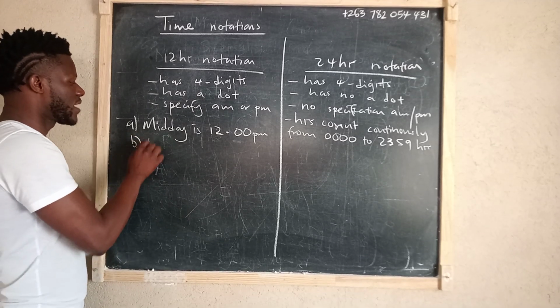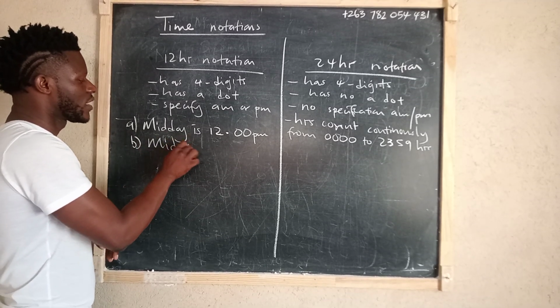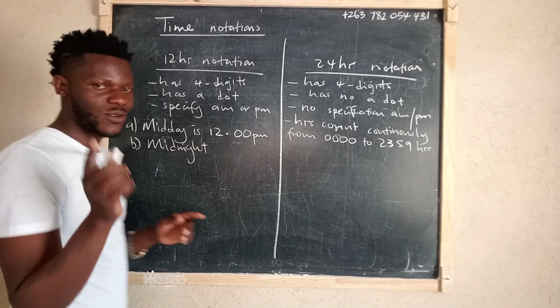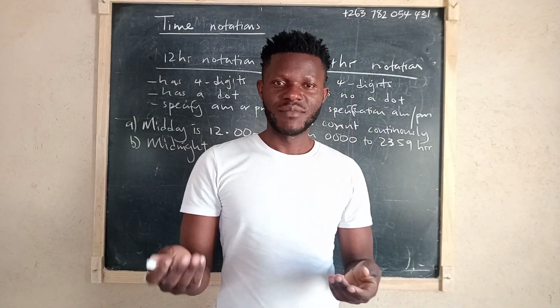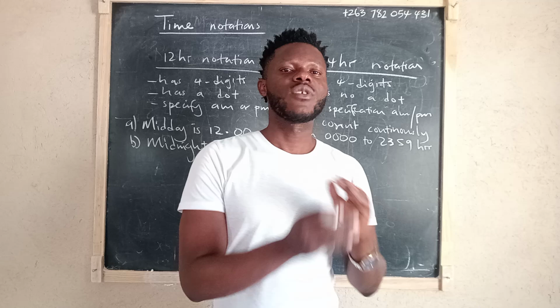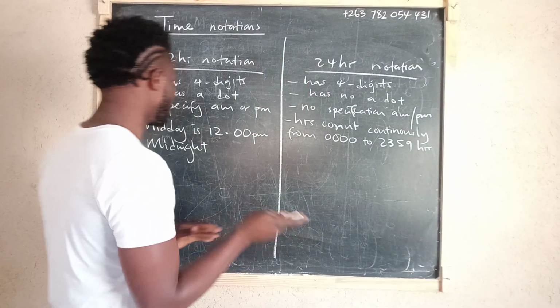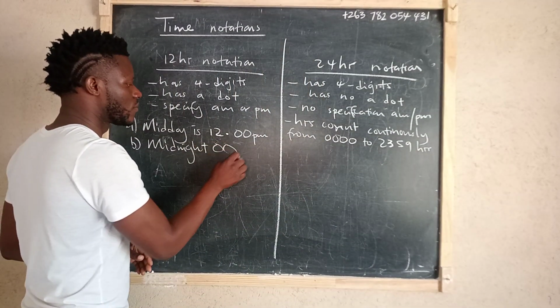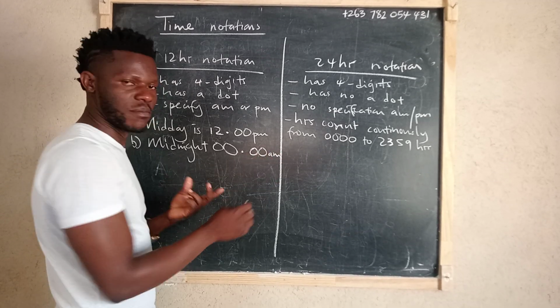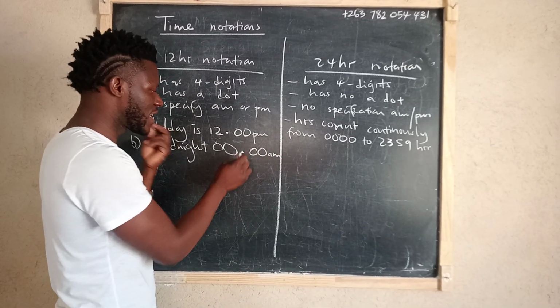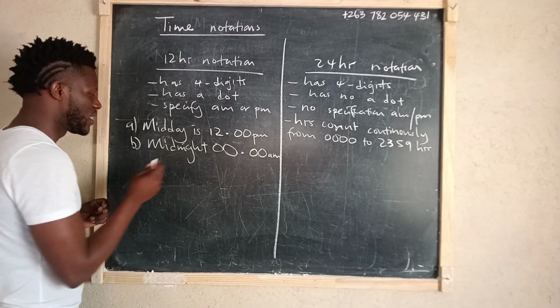Alright, midnight in the 12-hour notation. Take note of this. Midnight is not 12. There is no 12 in the night because the day will be over. So midnight is 00:00 a.m. This is the correct format, standard international midnight.